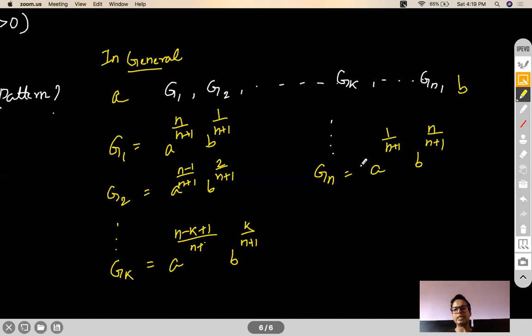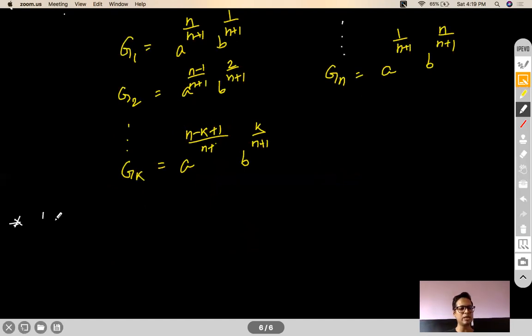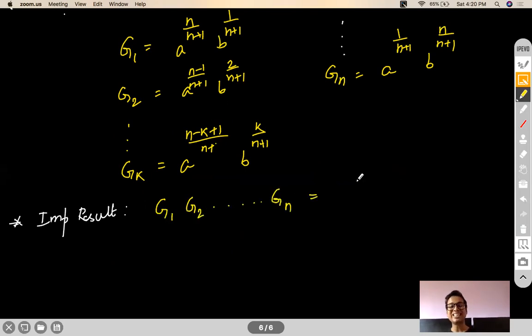One important result, just like I shared with you one result in arithmetic means, a very important result that I would like to share with you. The product of the geometric means that you are inserting between any two numbers A and B is nothing but the geometric mean of A and B raised to the power of n.